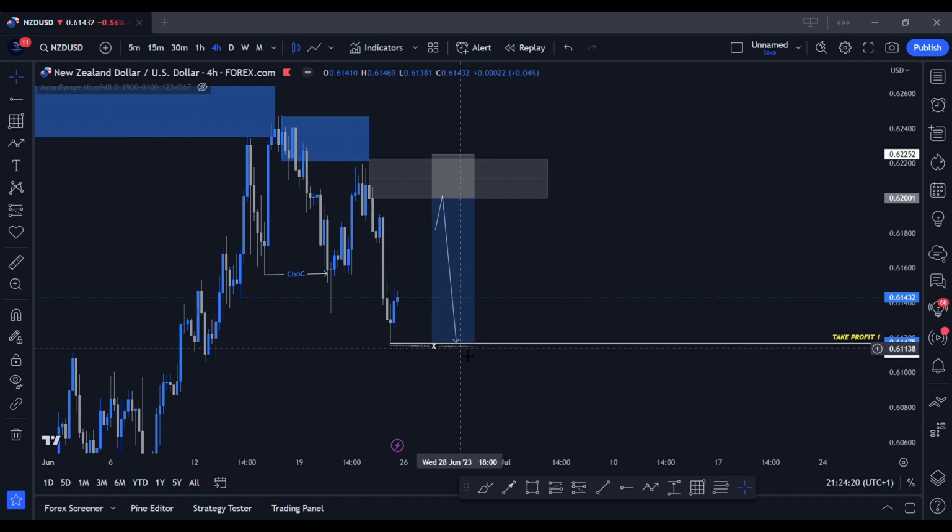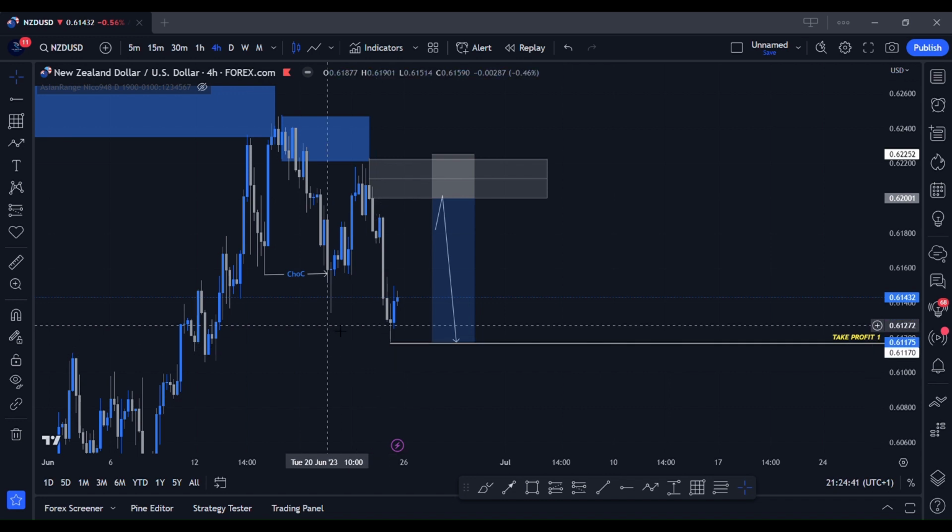Obviously we know that there's a liquidity line just under this candle here, which means that price needs to come back, retrace and mitigate all the orders that are filled below this last wick, which is the swing low that we have here.